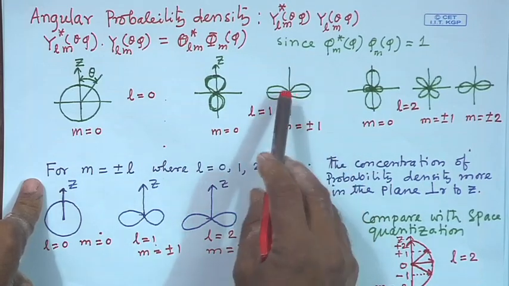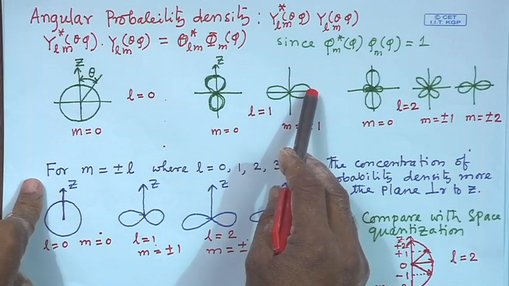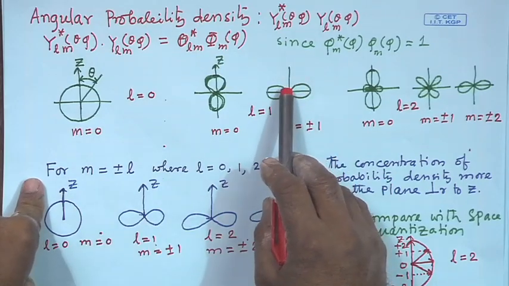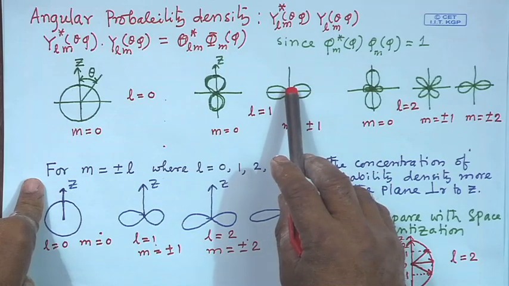So sin theta is 1 and sin square theta is also 1. This is the maximum. At 0 angle it is the minimum, and 90 degrees is the maximum.